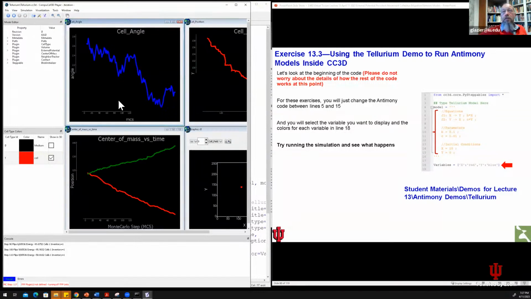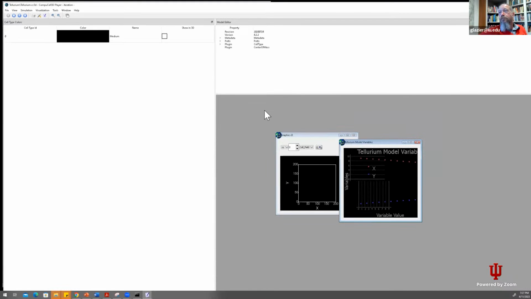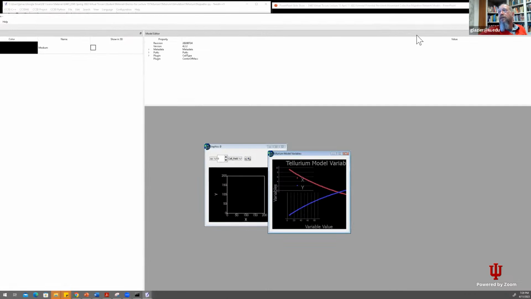I'm actually going to close Player and relaunch it. It seems to have an issue. All right. Well, that wasn't very pretty. It's a sizing issue here. Let me get this fixed.